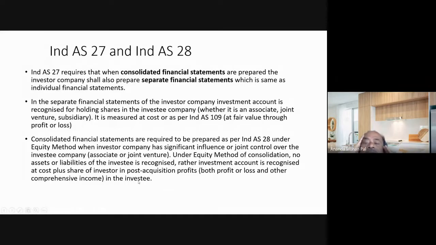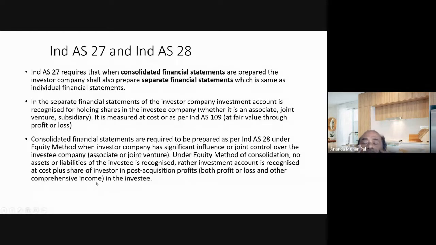So the investment account would be continuously modified, rather revalued, at the original cost plus the investor's share in post-acquisition profits, both profit or loss and other comprehensive income.